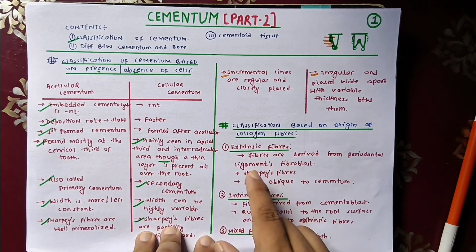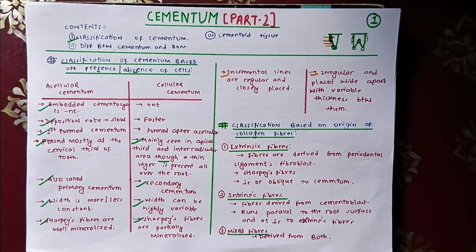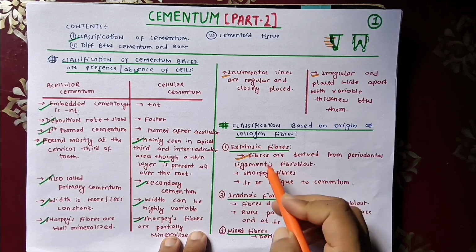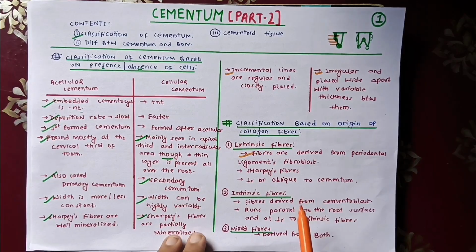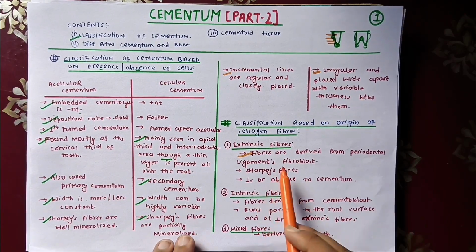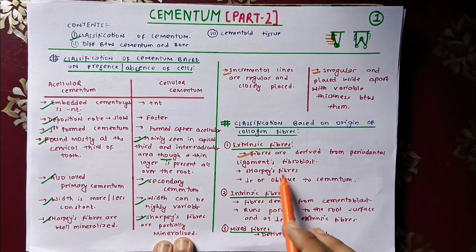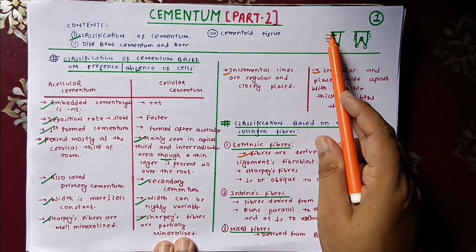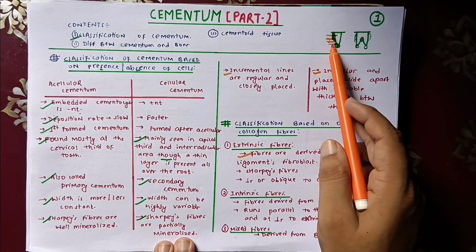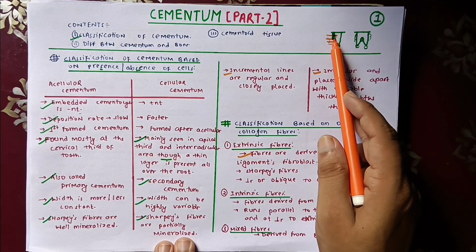So extrinsic fibers are derived from the periodontal ligament fibroblasts. The fibroblasts are present in the periodontal ligament, and they are responsible for the development of the fibers. So they are the extrinsic fibers. The extrinsic fibers finally change into the surface fiber when they enter into the cementum.